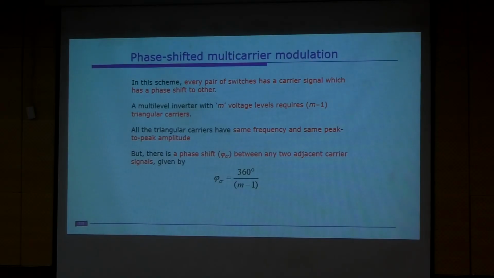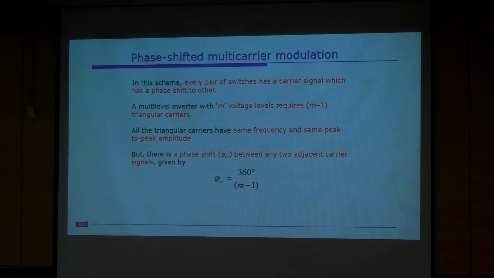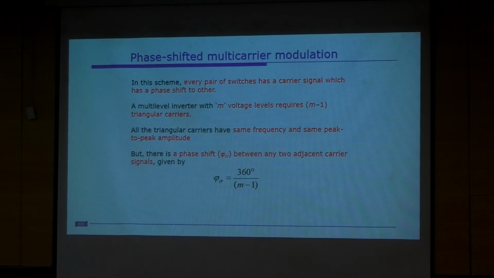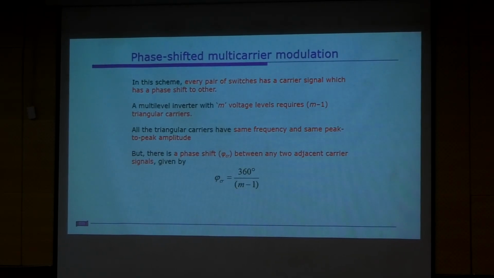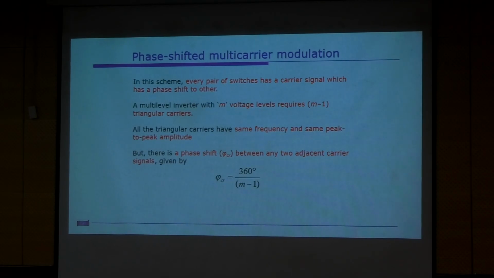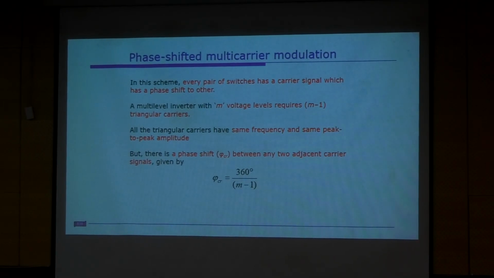If you want some output voltage, we normalize it. For example, for 400 volts from the inverter, we divide the required output voltage by the DC link voltage or half of the DC link voltage to convert into per units.